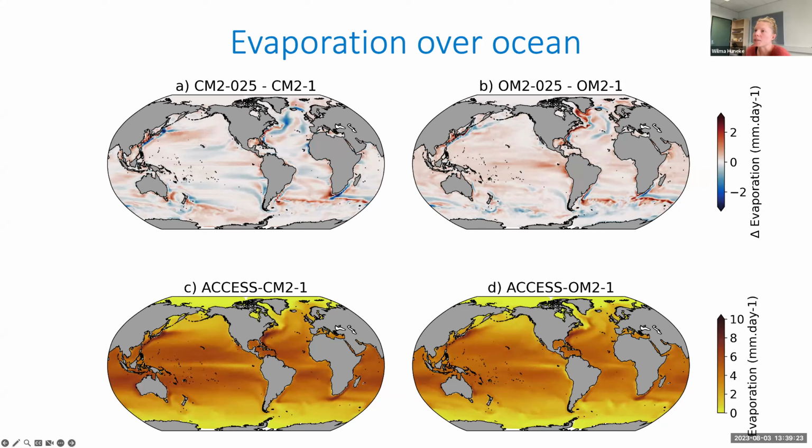These are the regions where we see the strongest changes in the evaporation field. So basically we have now stronger gradients in the surface, in the temperature fields, in the winds, and then that's reflected in the evaporation.